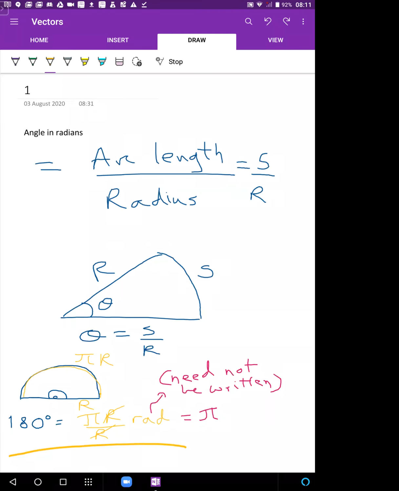The only somewhat confusing thing about this is sometimes, I don't know why they do this, but यहाँ पे this unit radians need not be written. You'll often see in many cases they don't write the units.